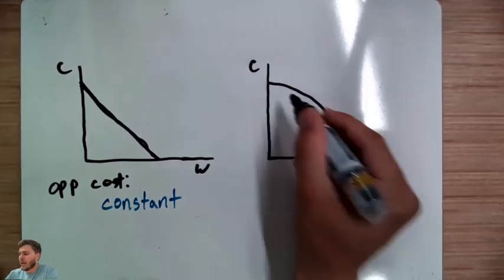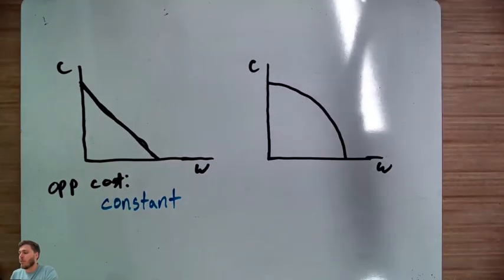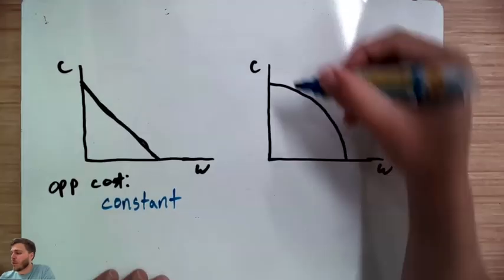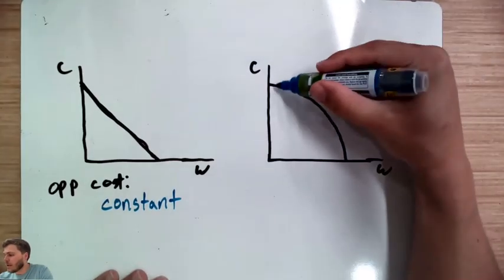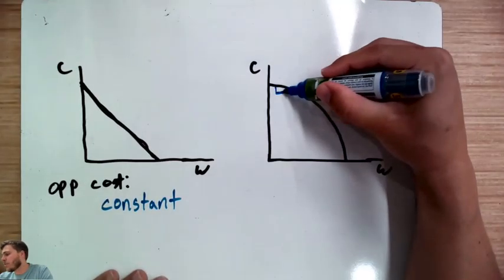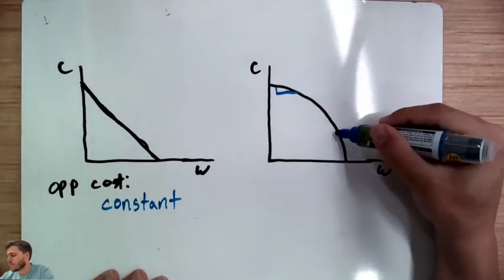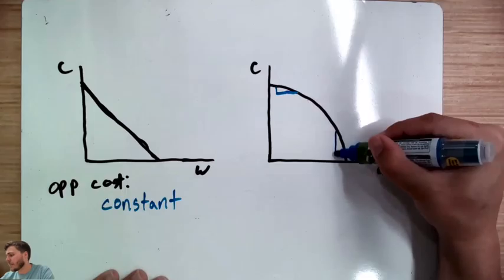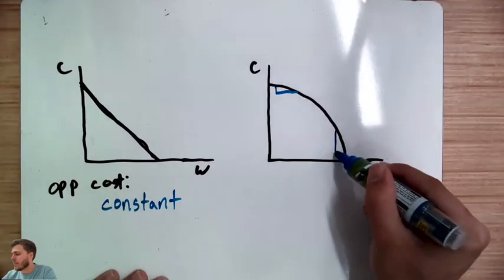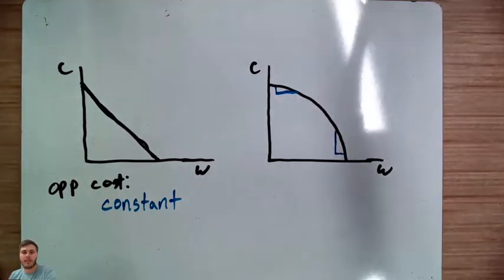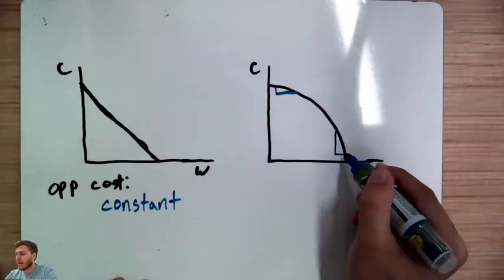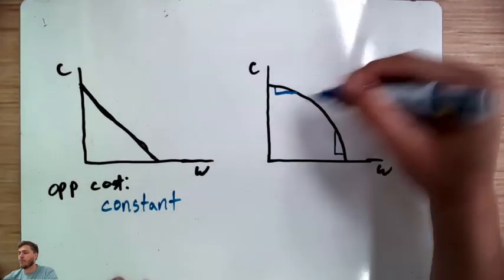If I want to make more wheat, let's say in the beginning, I have to give up just a little bit of computers to get a lot more wheat. Towards the end, as I start to produce more, I'm going to have to give up a lot more computers to make more wheat. And that's as I was going from left to right.